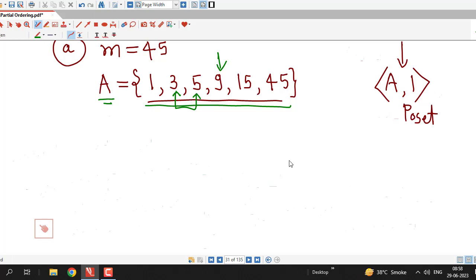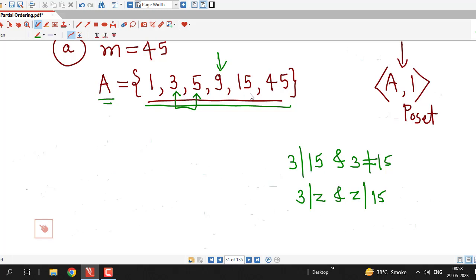Similarly, we can see that 3 is covered by 15 because 3 divides 15 and 3 is not equal to 15, and there is no integer z in between 3 and 15 such that this happens. So 15 will be a cover of 3. Similarly 9 will also be a cover of 3, and 15 will be a cover of 5 also, and 45 is going to be cover of 15 as well as 9.